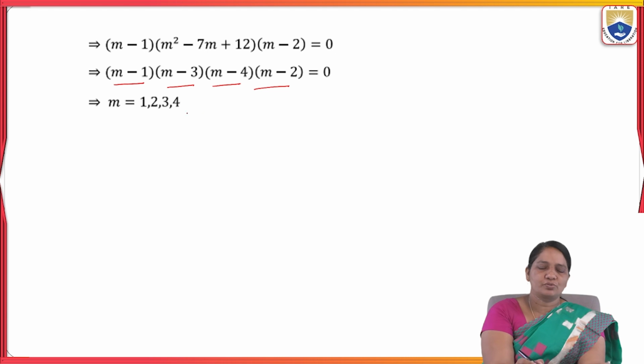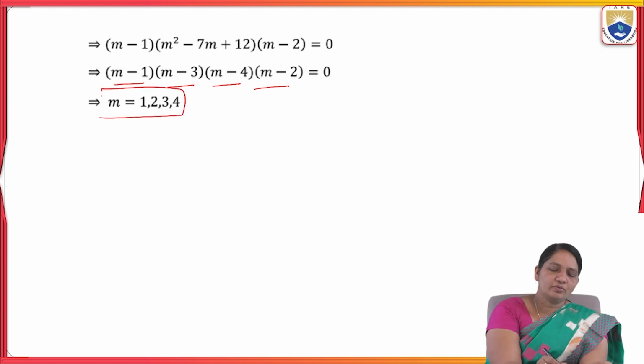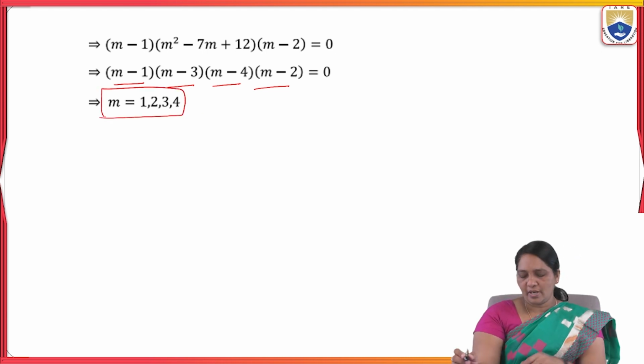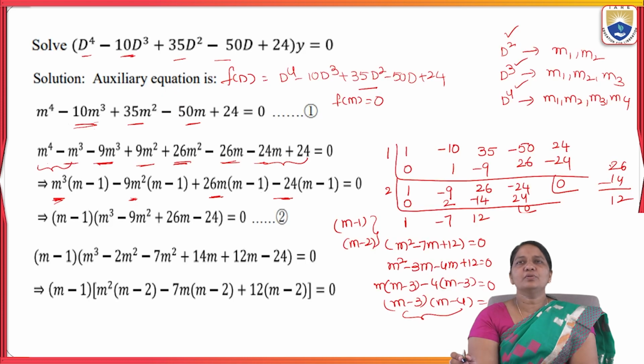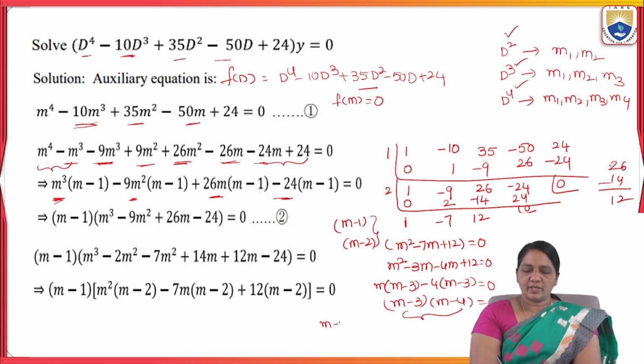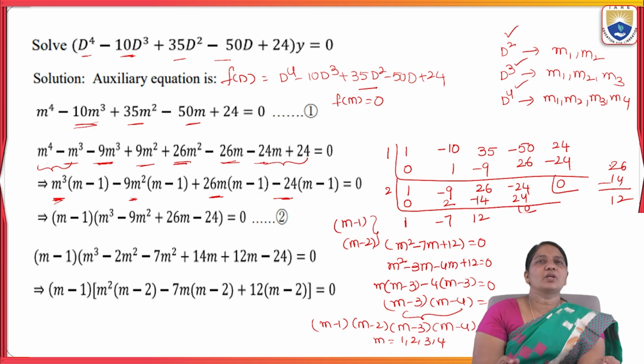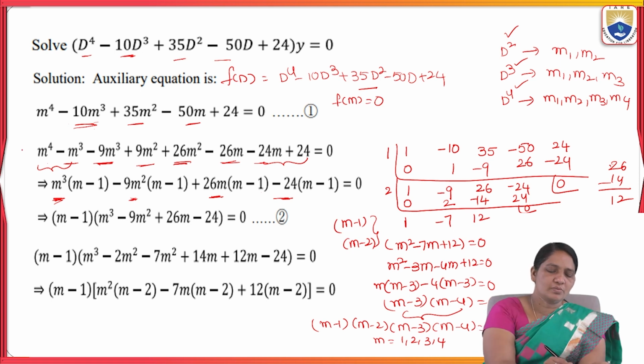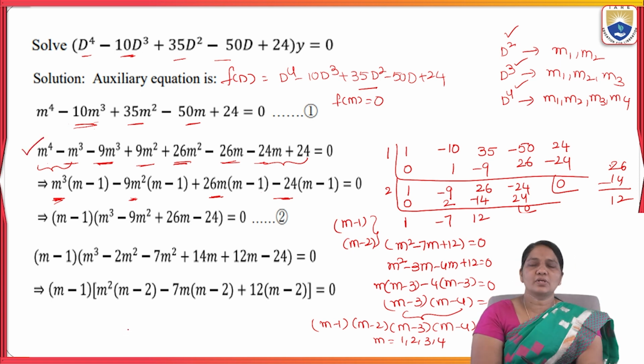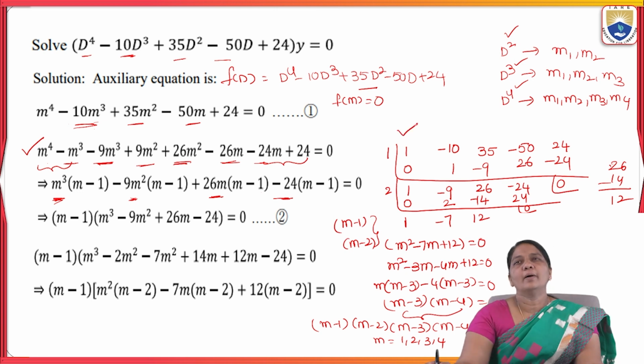By using this method also we get the roots: m equal to 1, 2, 3, 4. So that means we can simplify the equation to get the roots. Otherwise we can use the synthetic division method also to get the values here.